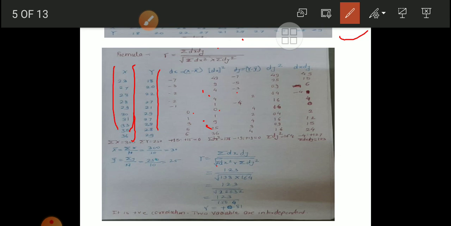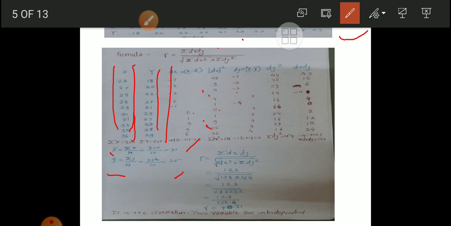These x and y values are already given to us. First of all, we have to calculate the mean of them, isn't it? x bar and y bar. Here x bar is equal to 30, y bar is equal to 25. Now the deviation, x minus x bar: the x value is here, the x bar value is 30, and we have to calculate summation x minus x bar.